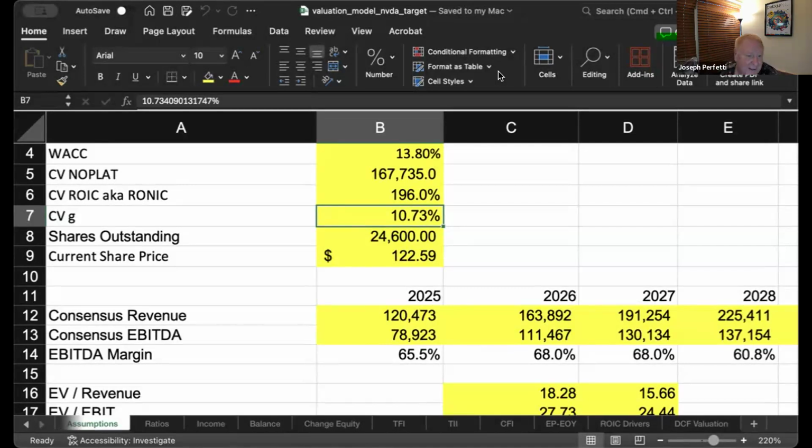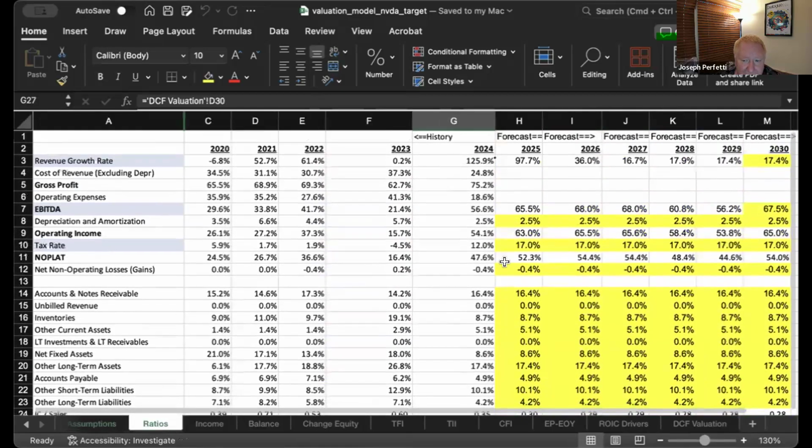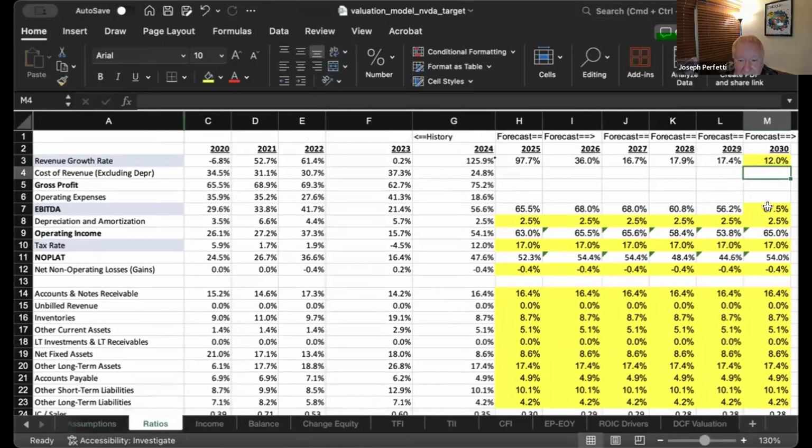My opinion on Nvidia is that what I think we're going to start to see is regression of the mean. So we're going to start to see a growth rate, like I said, close to the bear. It's going to start coming down. I think the margins are going to start coming down. Maybe 62% in perpetuity, not as bearish as the bear. And let's assume that we're kind of used to having the lower tax rates in this country.